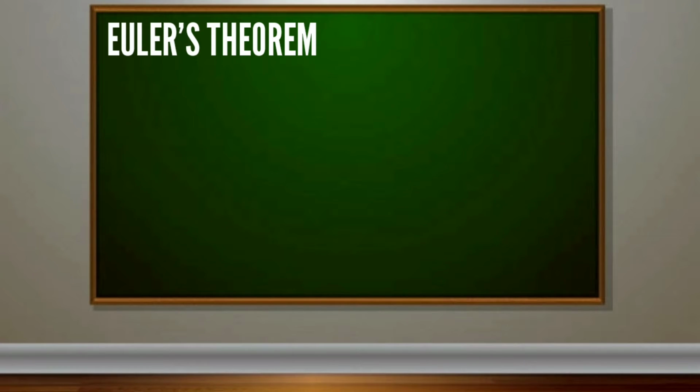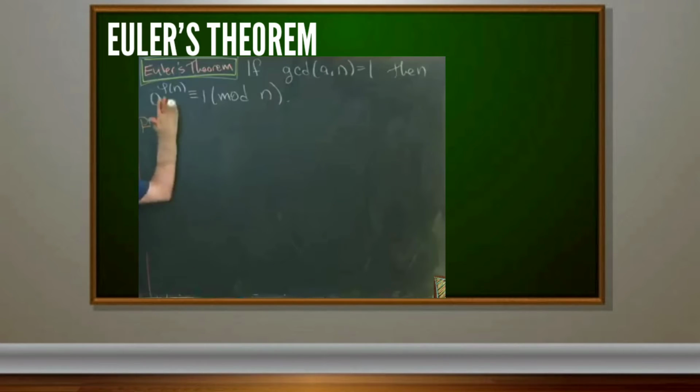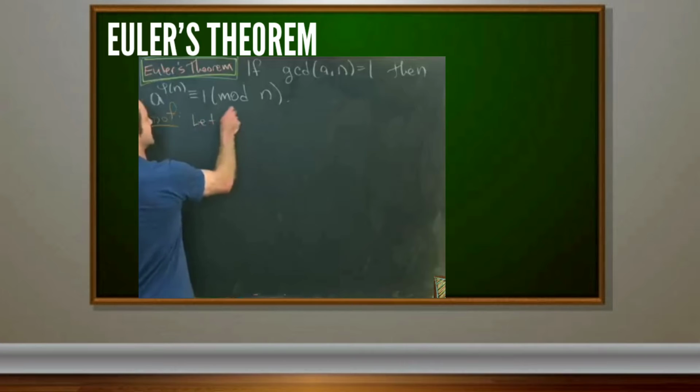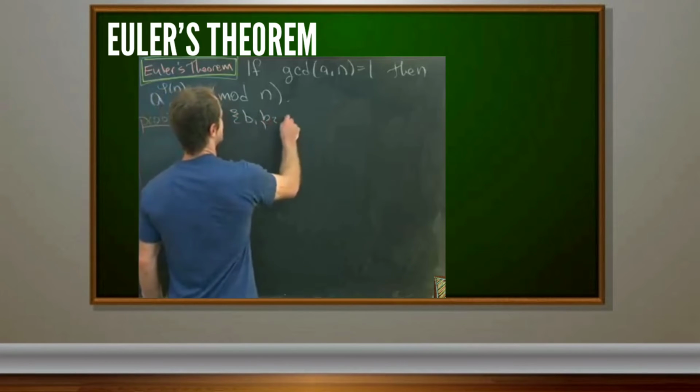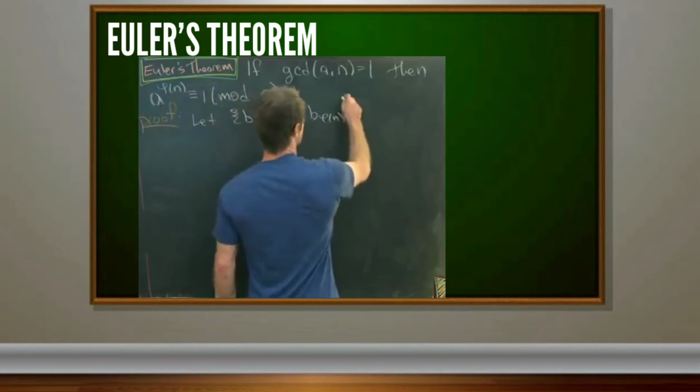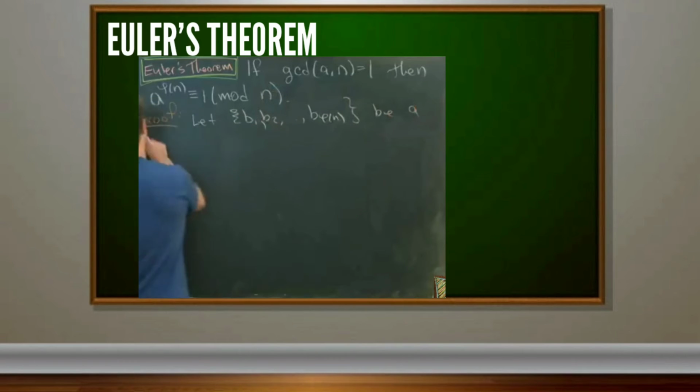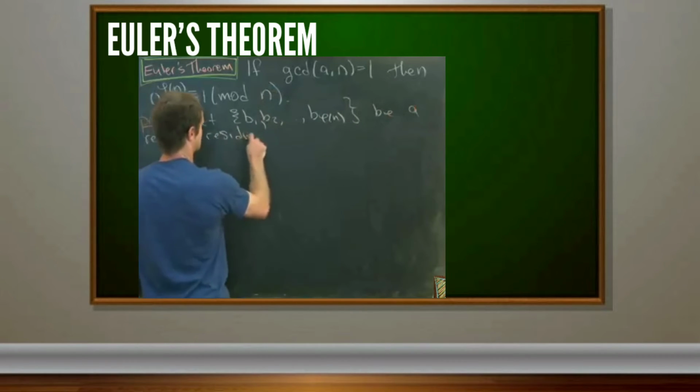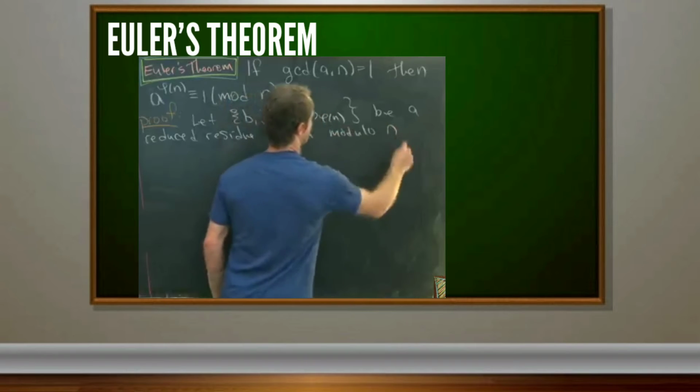Here is the proof of Euler's theorem. Lemma, we're ready to prove Euler's theorem. The proof of this theorem should probably invoke reduced residue systems. So let b1, b2, all the way up to b phi n be a reduced residue system modulo n.